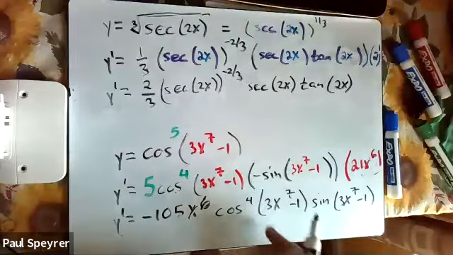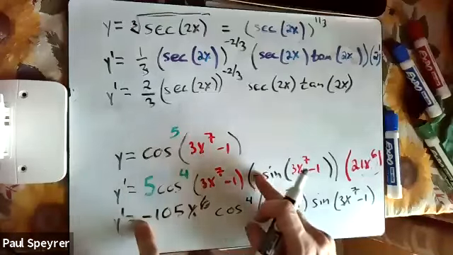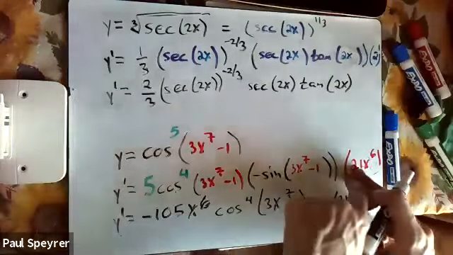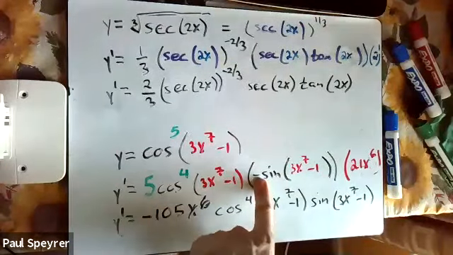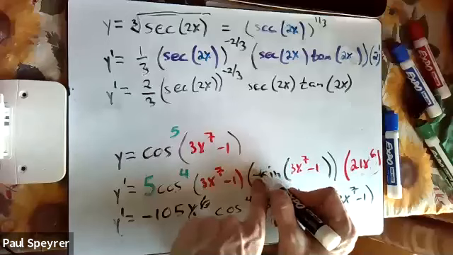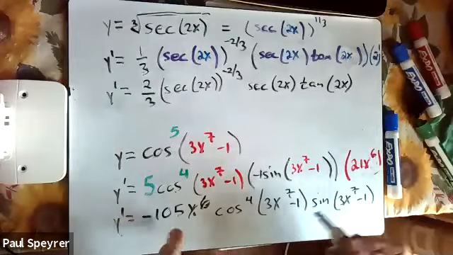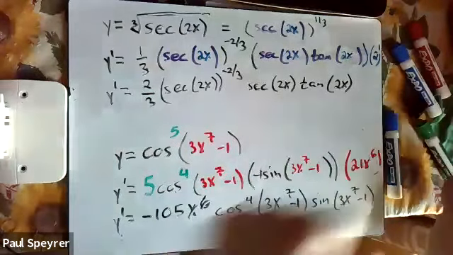So again, the negative came from here, right? Negative 5 times 21, or you can say 5 times 21 is 105. We have the negative right here. That's like a negative 1 if you want to treat it like that. Negative 1 times 105 is negative 105.